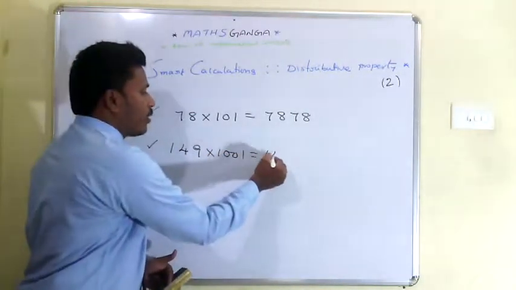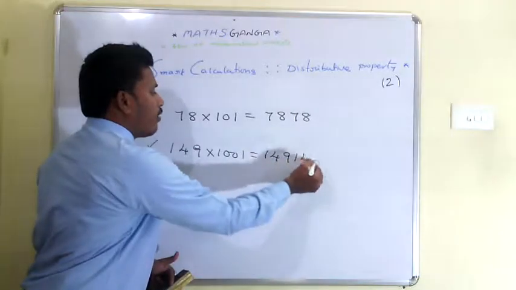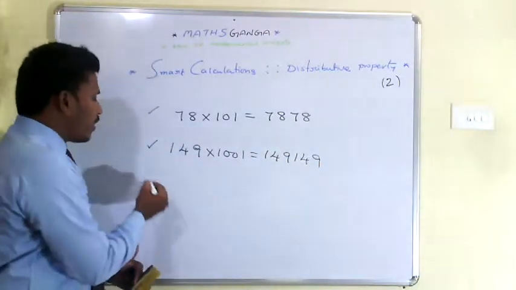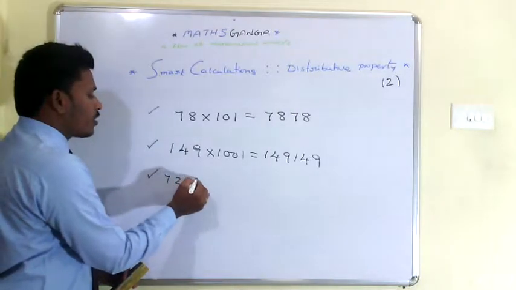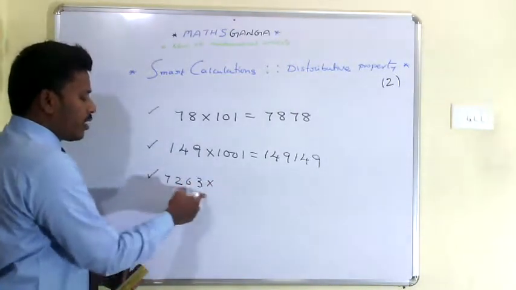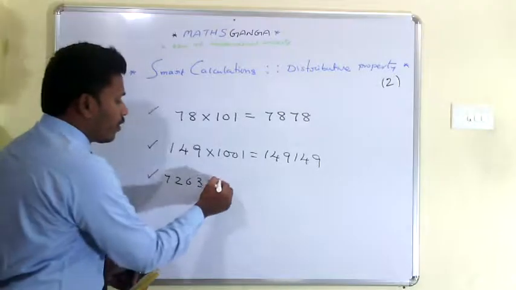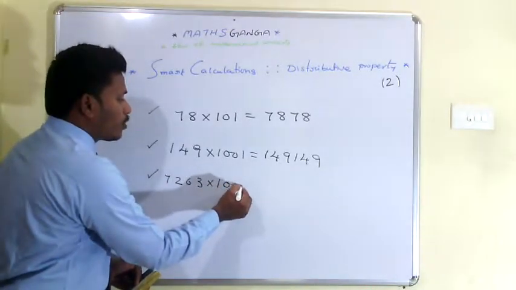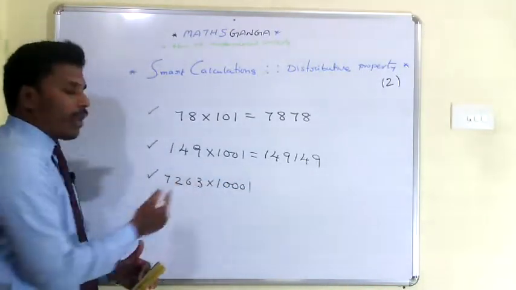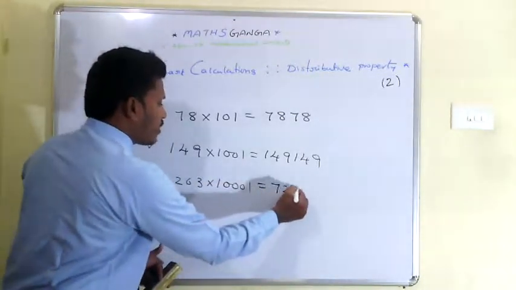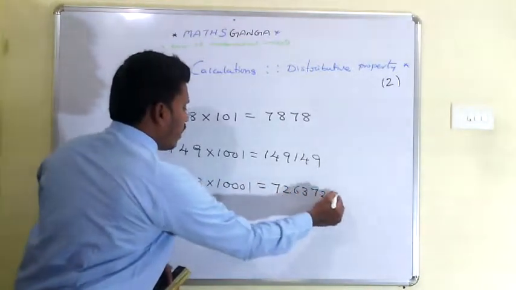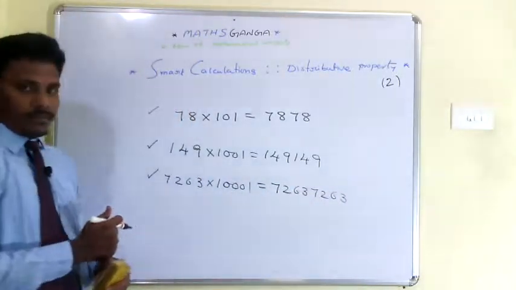Then the result is nothing but 149, 149. In the same way, if I have a number with 4 digits, 7263, I take 10,001. If you multiply 7263 into 10,001, the result is 7263 and then 7263.